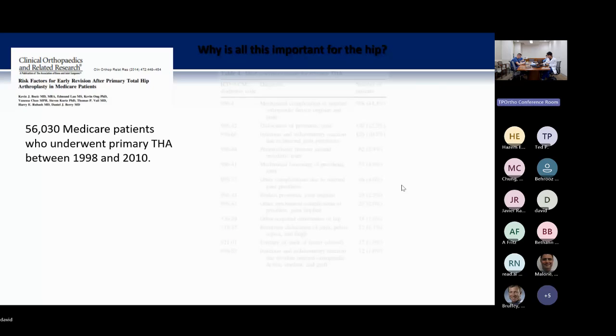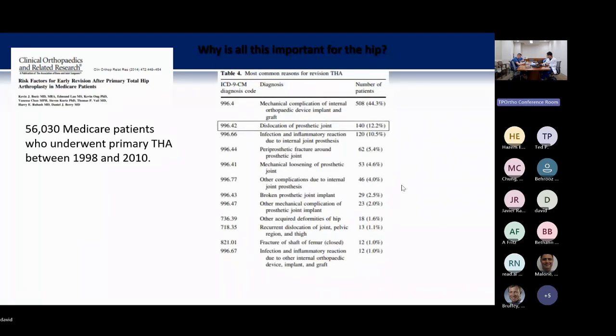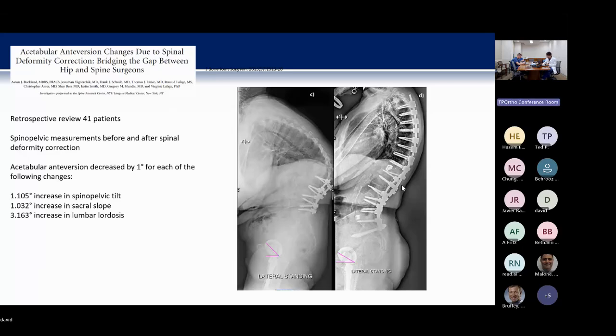This is just showing dislocation of the hip being a 12% reason for revision. This is a little older data. I think in the more modern data, mechanical loosening and poly wear are less of an issue, so dislocation has come up relatively even more than in the past.